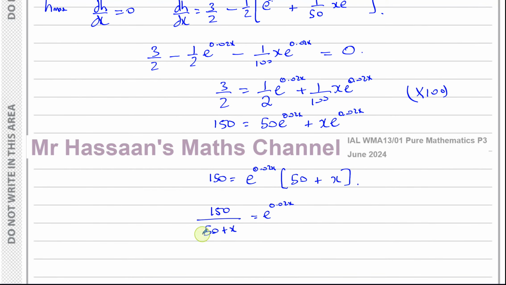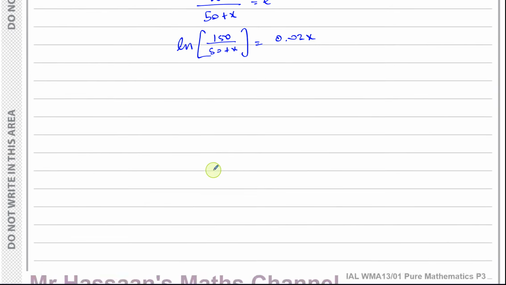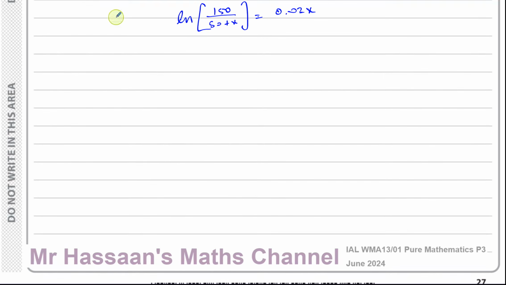Now I'm ready to take ln of both sides. If I take ln of both sides, this becomes the ln of 150 over 50 plus x, and this becomes 0.02x. Okay, and we know 0.02 is 1 over 50, so this can be written as 1 over 50 times x.